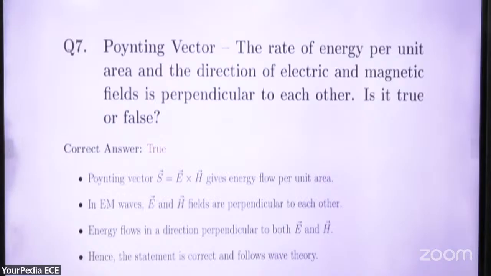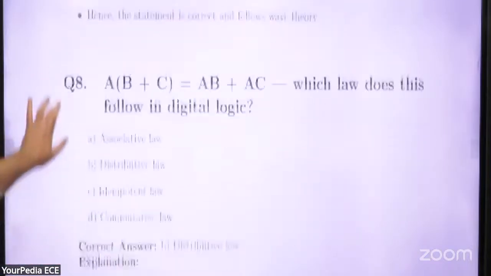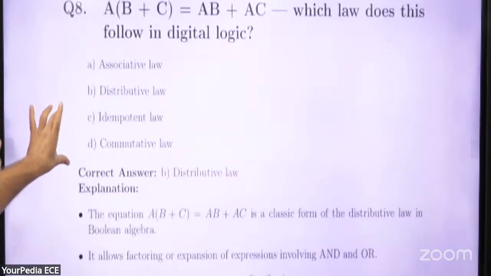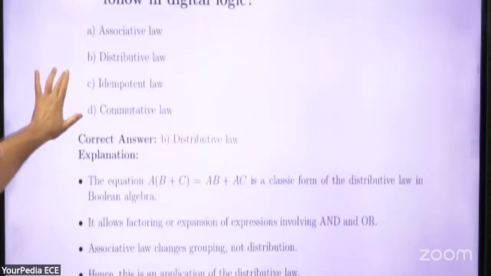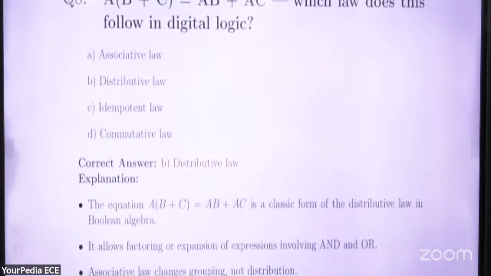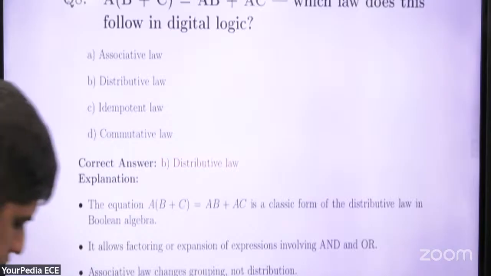Okay, so soon you are going to get the first draft solution, friends, from YourPedia. So please keep checking these questions whether they are correct or not. Very simple question. Mentors have provided you very simple questions. So just check the answers of these questions.